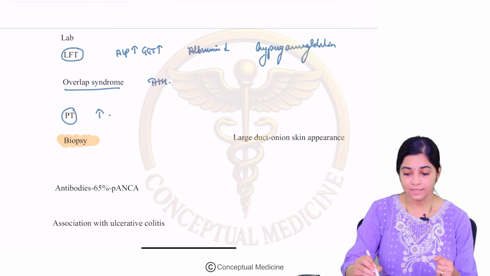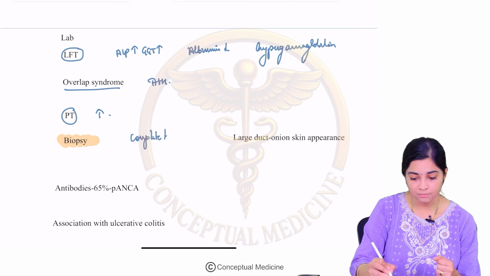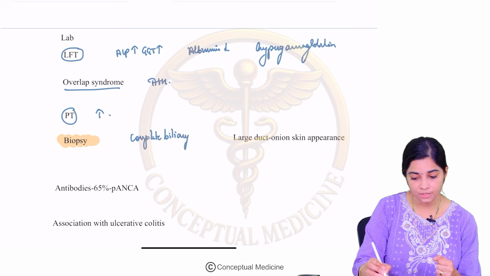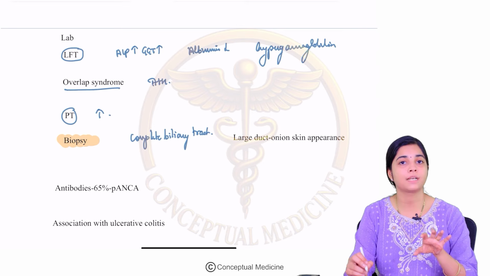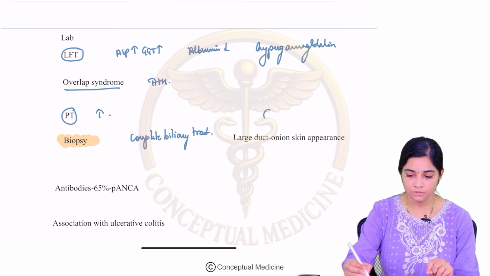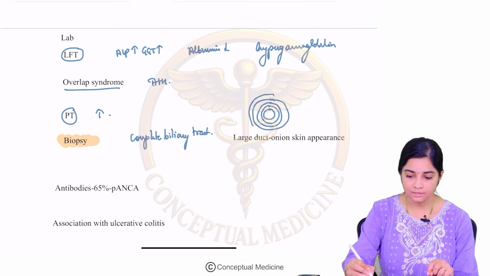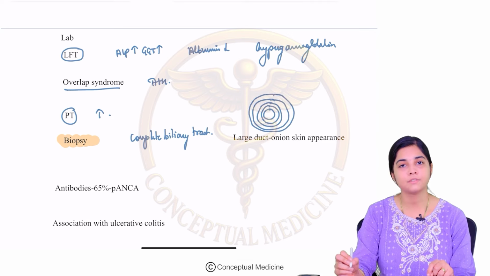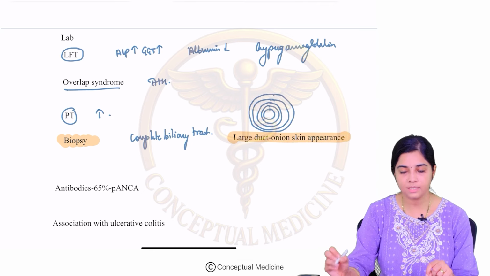Okay, fine. And the most important biopsy feature is that there can be involvement of your complete biliary tract. Complete biliary tract is involved, right? Unlike primary biliary cirrhosis where only the medium and small sized ducts are involved, here the complete biliary tract is involved. In the large duct, PSC usually gives rise to an appearance called onion skin appearance.